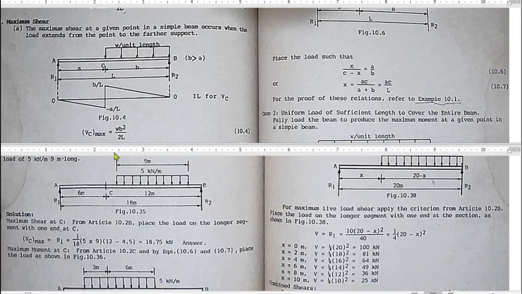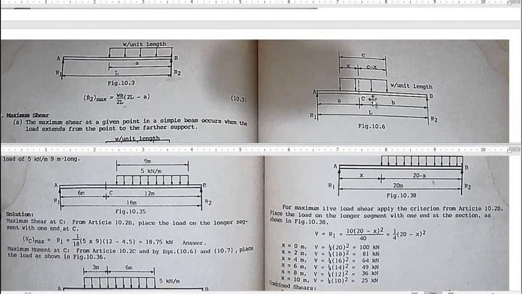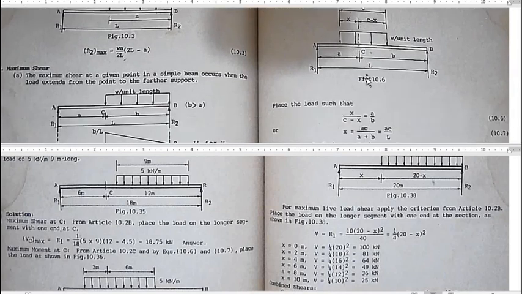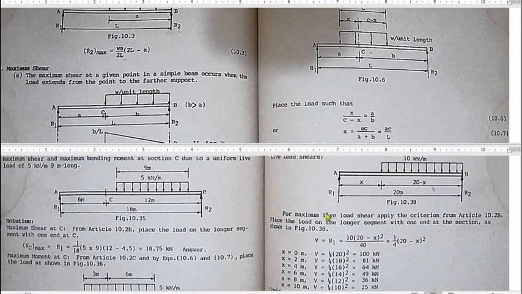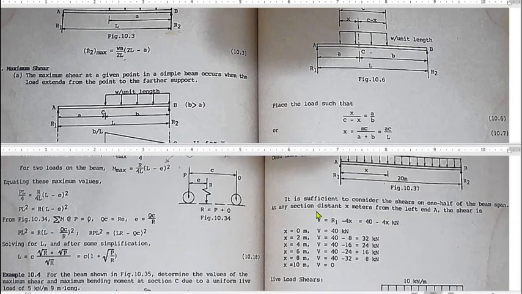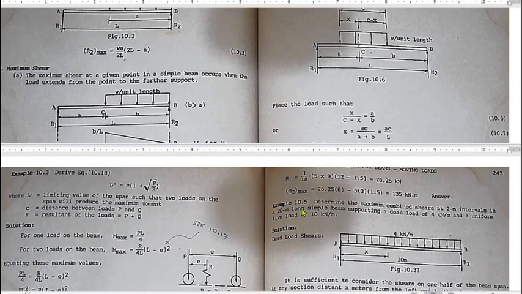Ang comparison niya dito is this one, okay? Ito naman ngayon para makuha mo yung ratio. Yan, x all over c minus x is equal to a all over b. Okay, so ito na yung kanyang R1 and then you have the maximum moment.